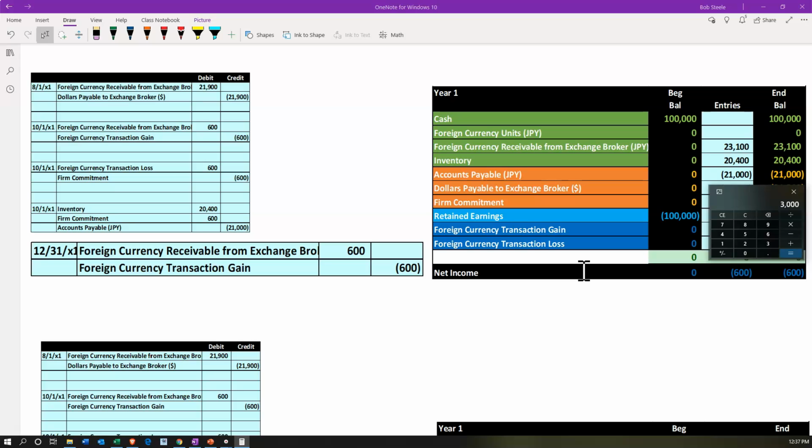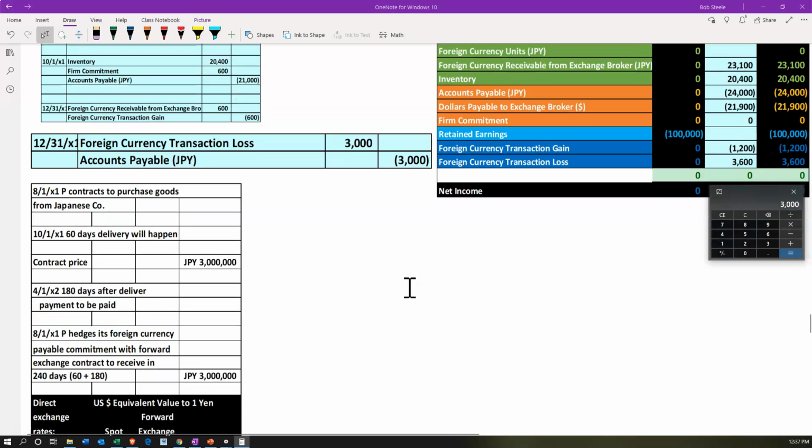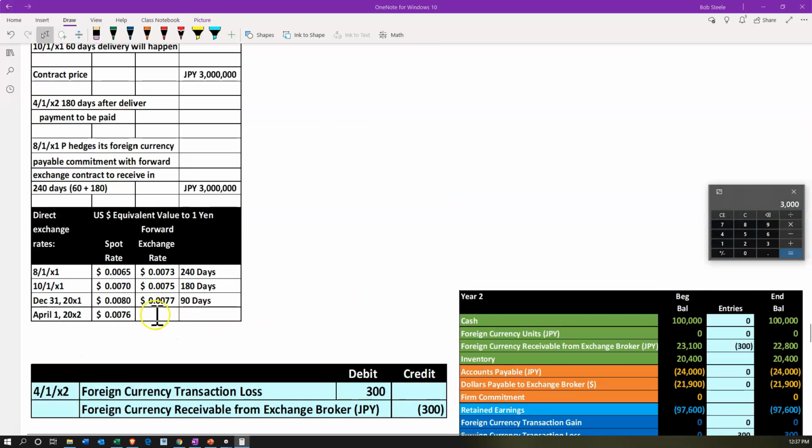That difference is going to be a loss. Why is it a loss? We expect it to be a loss to be offsetting this one. So that would be one reason we could say, that kind of makes sense, even though it's not the same amount because we're using forward rates and spot rates, but they should be going in opposite directions. And we can take a look down here. We could say, well, last time 1 yen was worth $0.007.